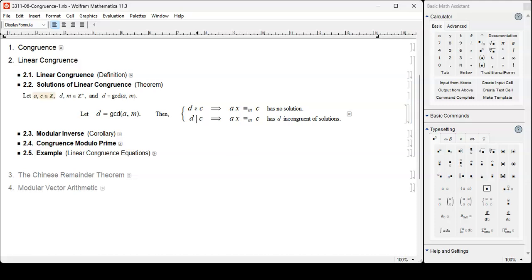a and c are integers, they are arbitrary. d and m are positive integers. m is arbitrary, d is not. d is determined by the GCD of a and m. Now, if the GCD divides c, then we have infinitely many solutions. If the GCD does not divide c, then no solution.